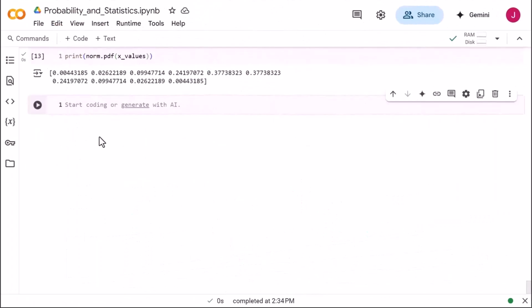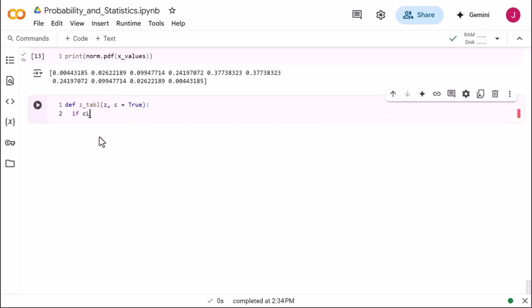For example, we want to find the probability of z less than 1.25, right? So def z_table, in here we will receive z, and also we will receive another parameter, which we call, for example, c. If c is true, it will return probability of z less than or equal to z. It means cumulative. Otherwise, probability of z greater than a given z. So you say c is equal to true.